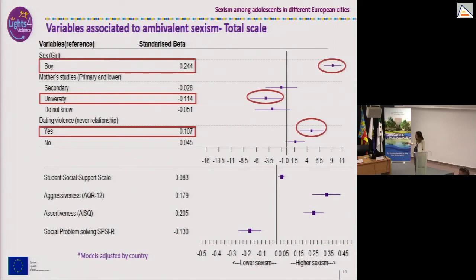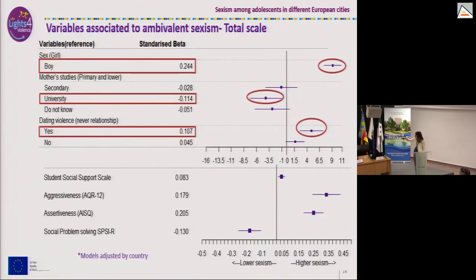Higher values of total scale were associated to higher social support, aggressiveness, assertiveness, and lower ability to solve problems.